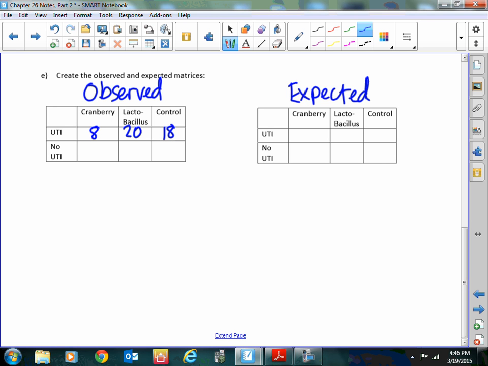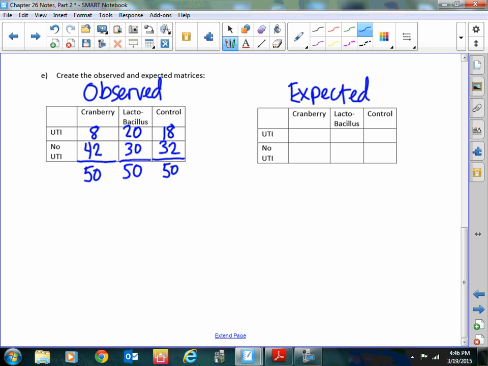So I know that this total is 50. Therefore, the remaining cranberry juice group that did not get a urinary tract infection is 42, because those total to 50. And same thing with my lactobacillus. It happened to be the same size group, so that remaining is 30. And with the control group, 50, and then that remaining is 32.